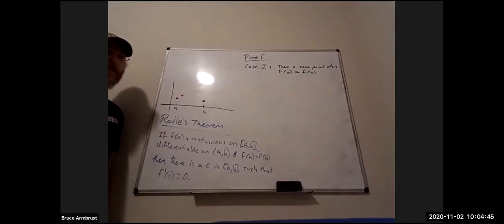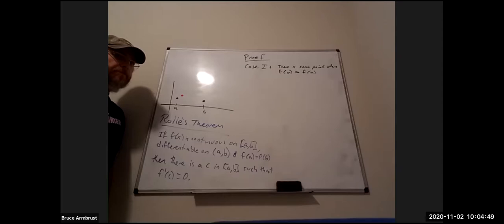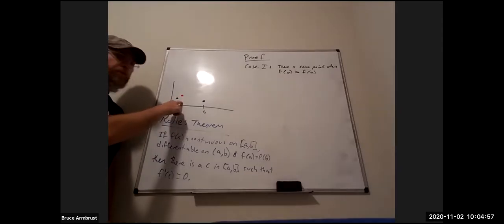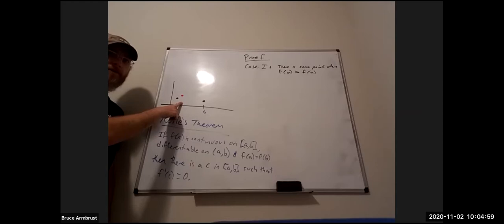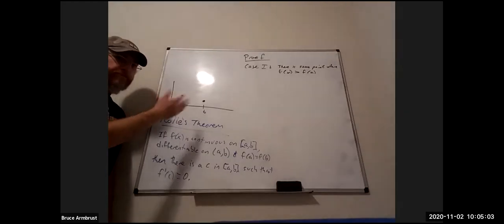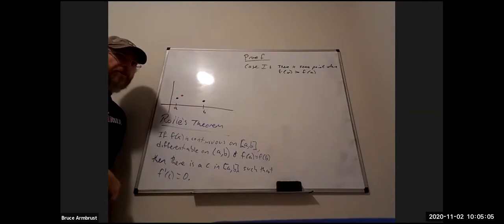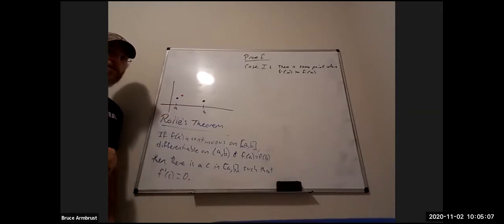So I'll draw a little red dot. At some place, there's a point that's above it. Case 2 is going to be there's some point down below it. The third case is going to be where there's never above or below, where it's actually constant.